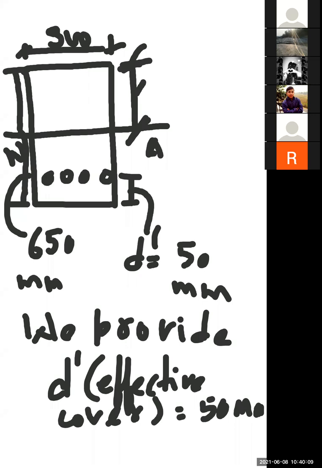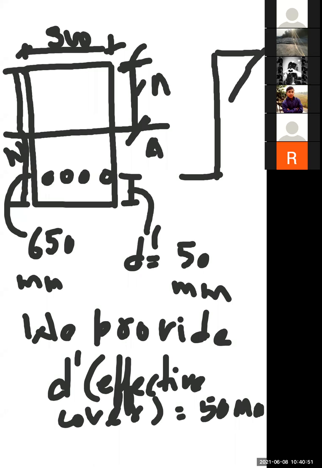From top fiber to neutral axis, actual depth of neutral axis, N, right? And now I draw a stress section here, and at this point we have no idea our section is balanced section or under reinforced or over reinforced, right?